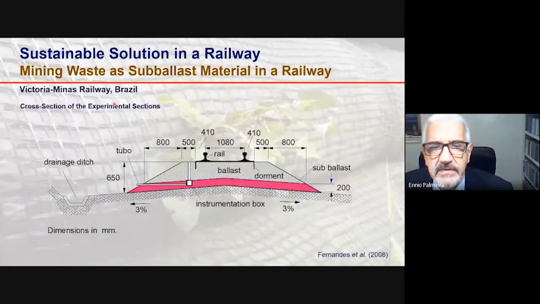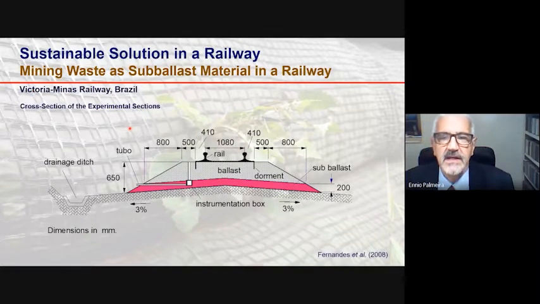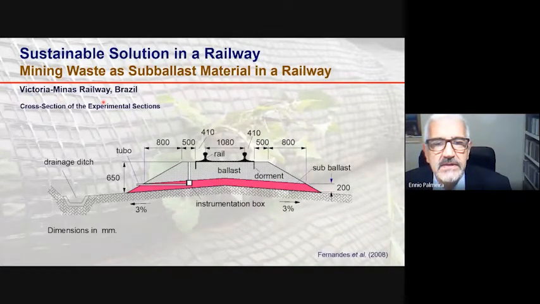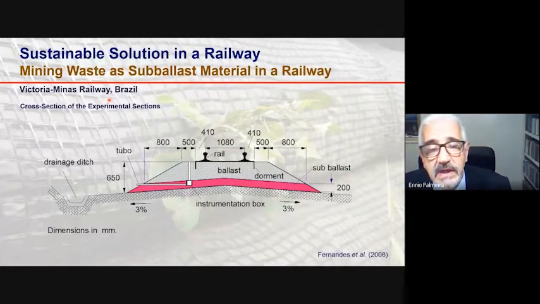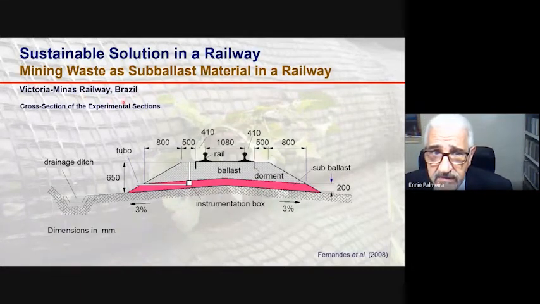So here an example of the combination of geosynthetic reinforcement with an alternative subballast material in a railway. The railway in question is the Victoria Minas Railway, which is a very busy railway which belongs to the Vale Mining Company and is subjected to a very heavy traffic of trains carrying mining goods.